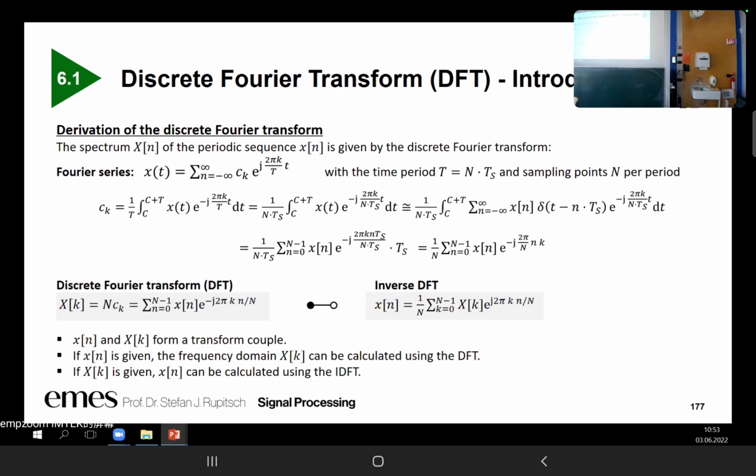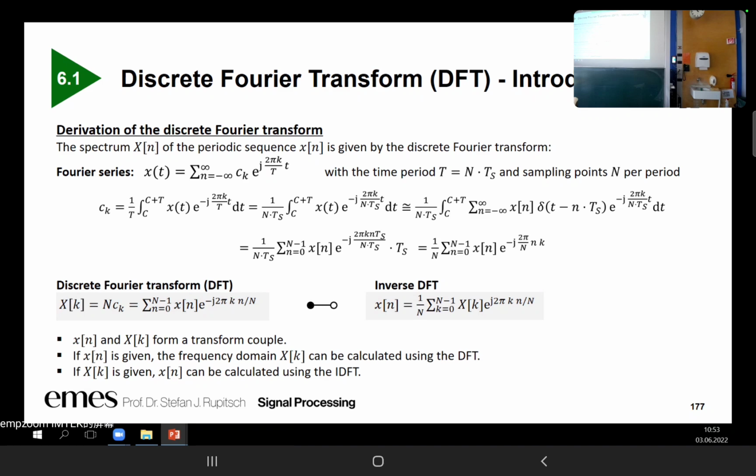This can be done, but it's very important to note that this is not completely the same. It's an approximation, because we are not thinking about band limitations and so on. We are only saying we replace our continuous signal with sampling.